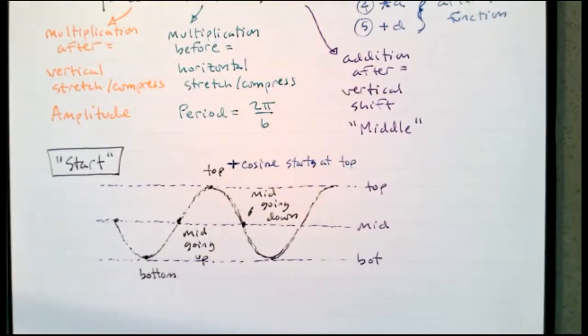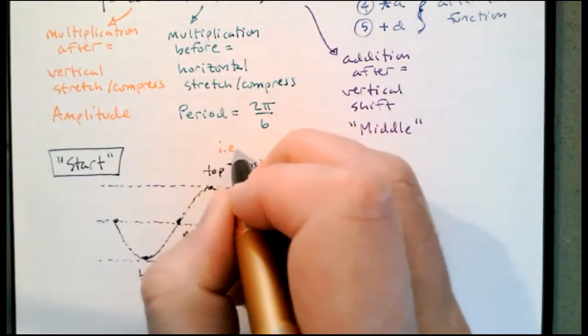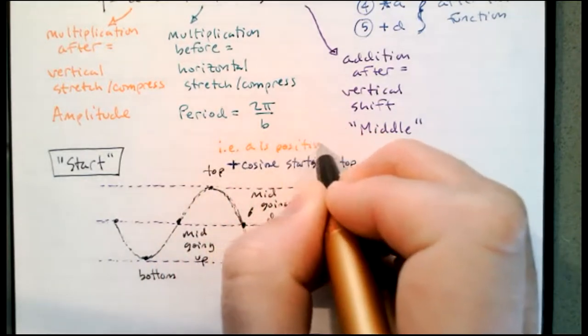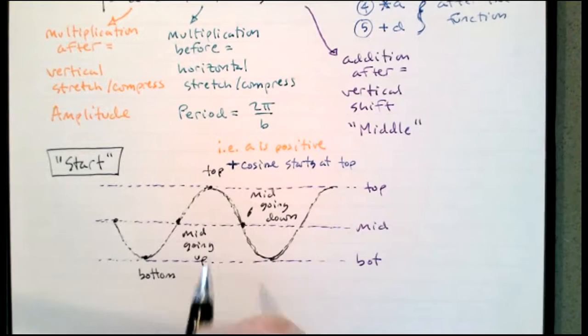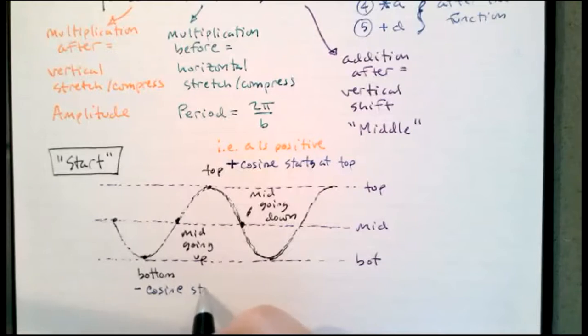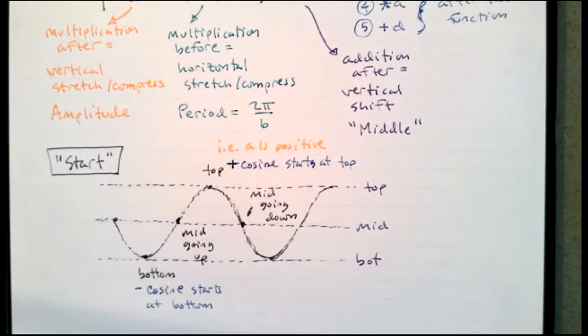And by positive cosine, I mean a is positive. If a is negative, then cosine will start at the bottom. So the bottom is negative cosine. And by that I mean a is negative.